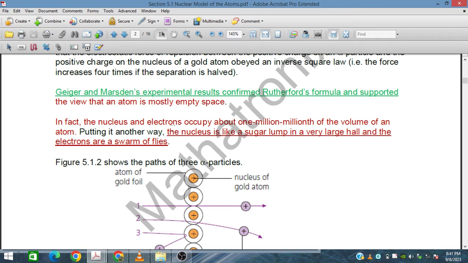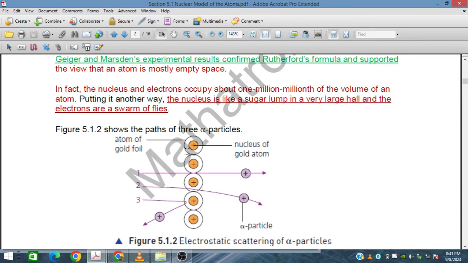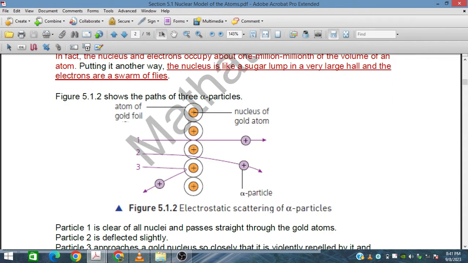From this model, Rutherford concluded that the nucleus is like a sugar lump in a very large hall, and the electrons are a swarm of flies.